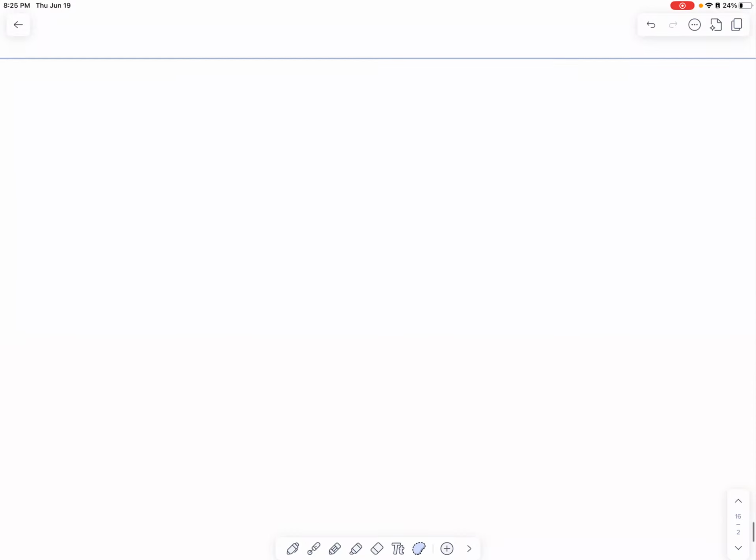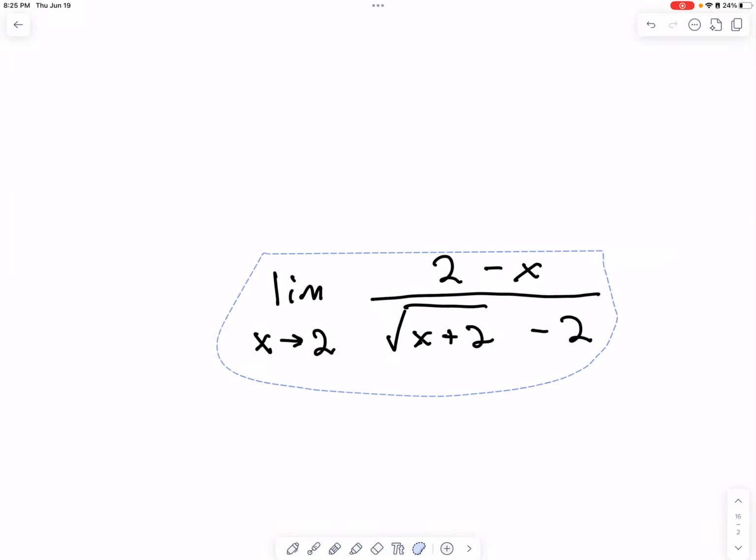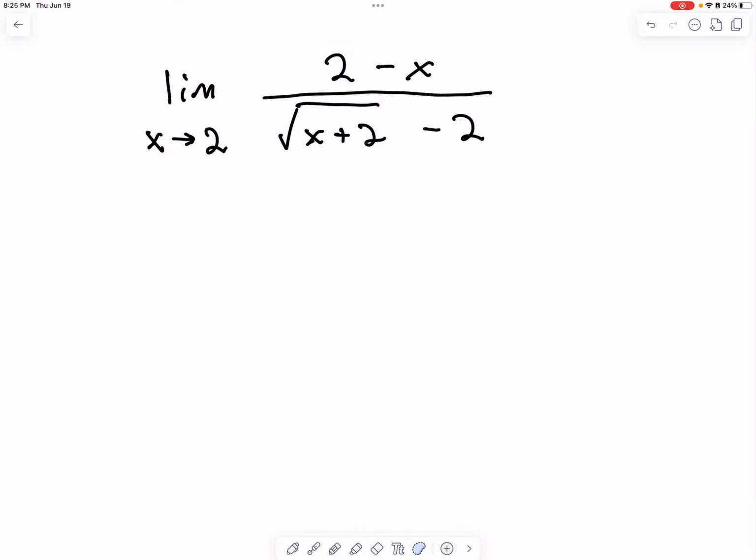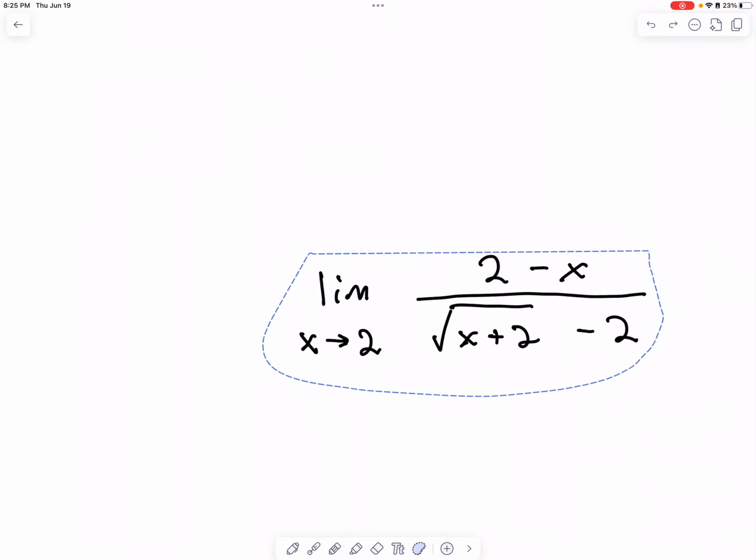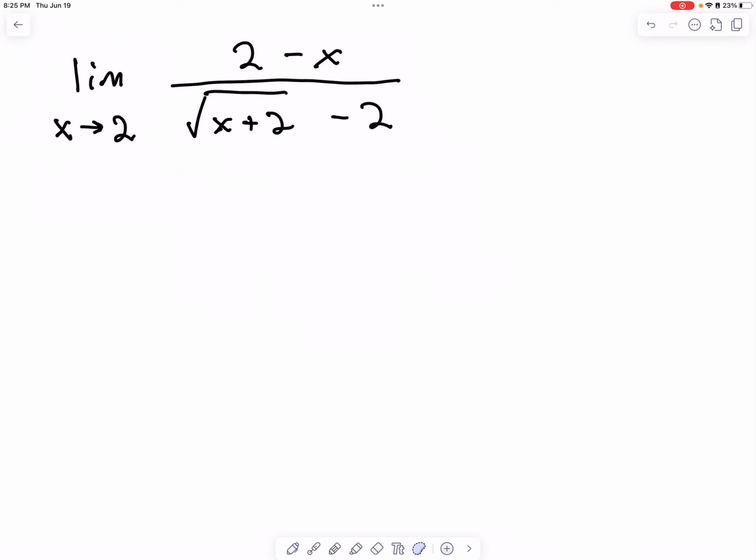So if we take this, the conjugate, we're going to multiply by 1 in the following form. If we multiply by 1, it doesn't change our answer. It just changes the form into something we can use.